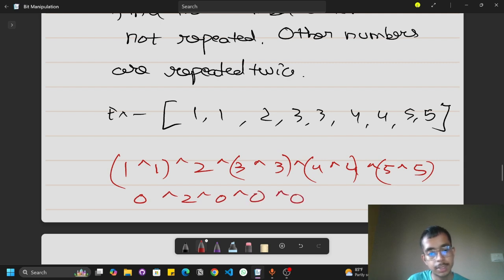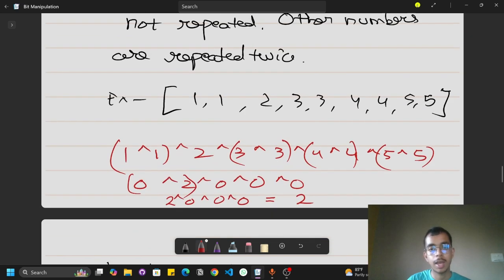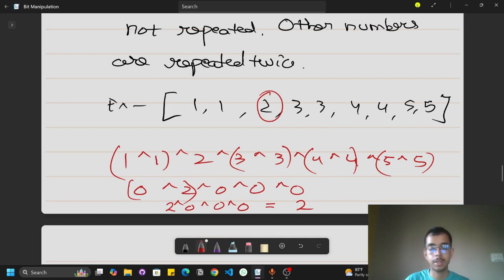Now you can see, from this property, that 0 XOR n is going to give you n, so 2 XOR 0 XOR 0 XOR 0, which again translates to 2, and bingo, you get the number which is not repeated.